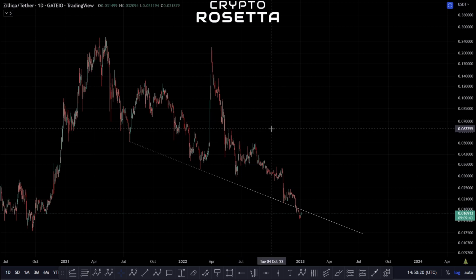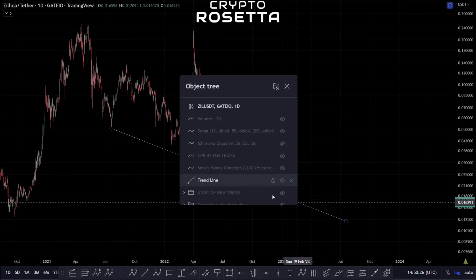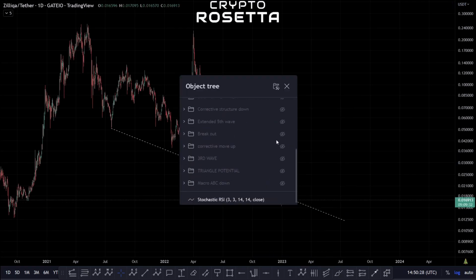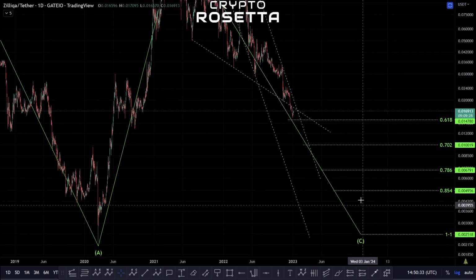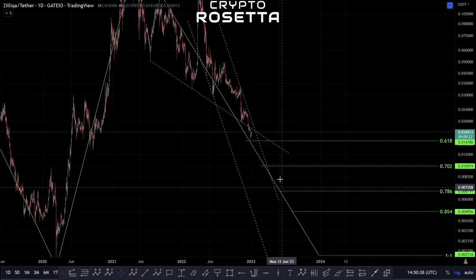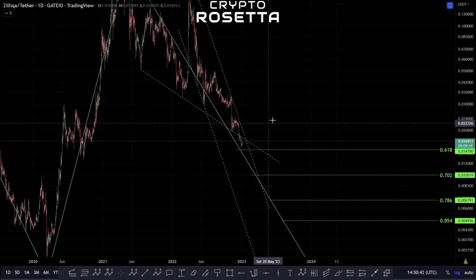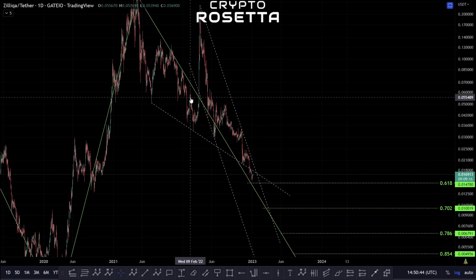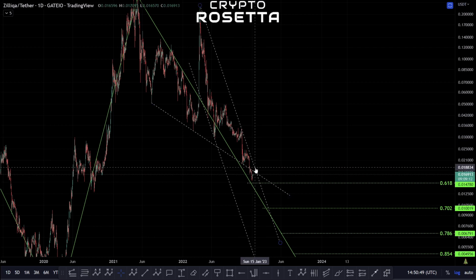We're looking at a few options within the macros, and my preferred count for this still is the potential that we are looking at a 5-wave move to the downside, and basically that would be looking for this C wave to the downside to play out. Possibly this is still possible to look to target out these lower ranges here. We do have alternatives which we'll be keeping an eye on, but for the most part the last move within this cycle, which we'll go over, is pretty much the same.